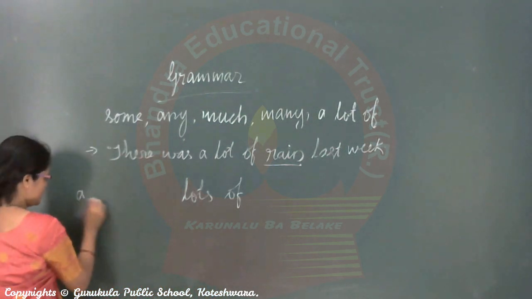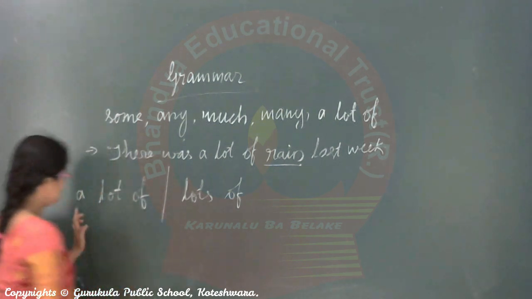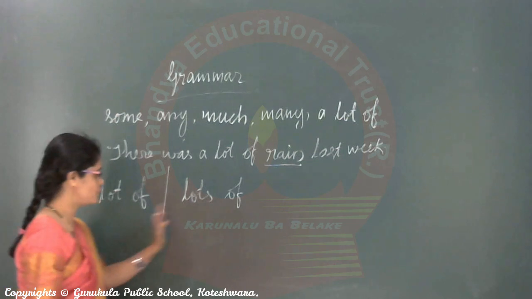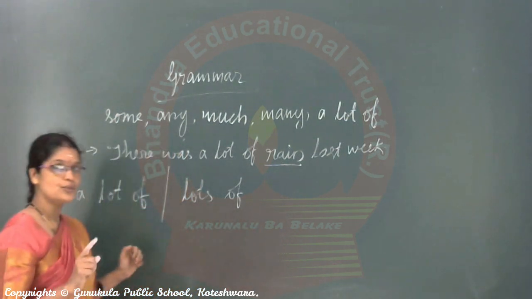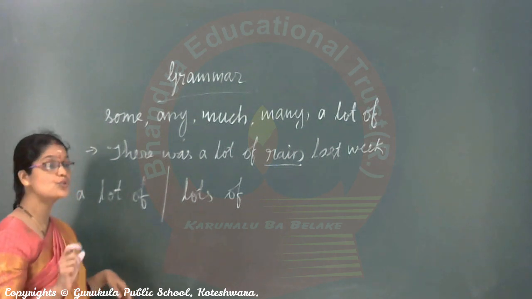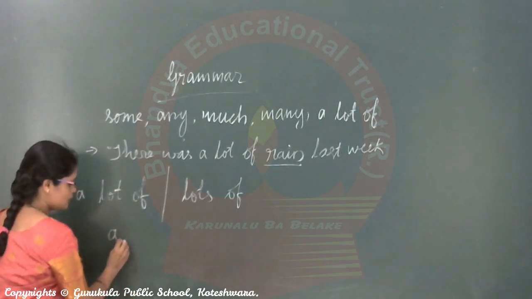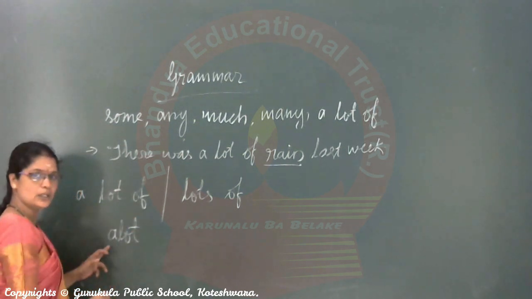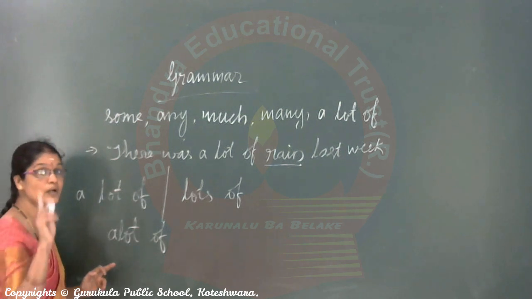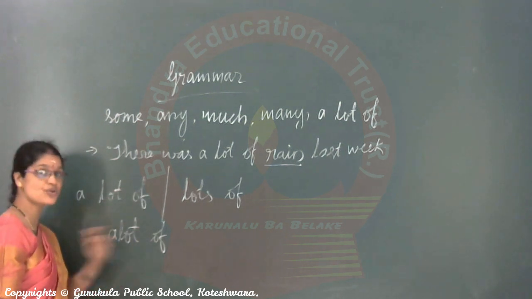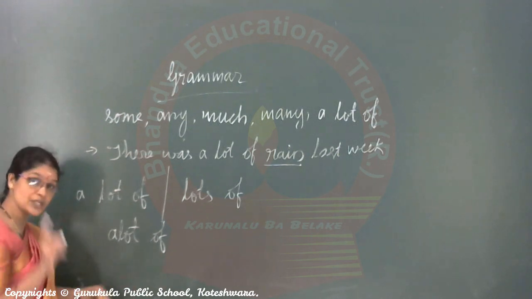Here, see, a lot of, lots of, same meaning. You should not write it like this: A-L-O-T, a lot, of. We never write like this. This is wrong. You should write it separately: a lot of. That is wrong.